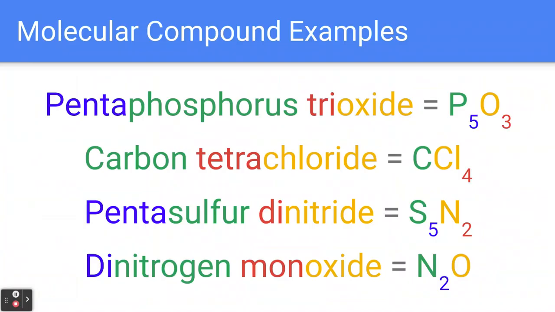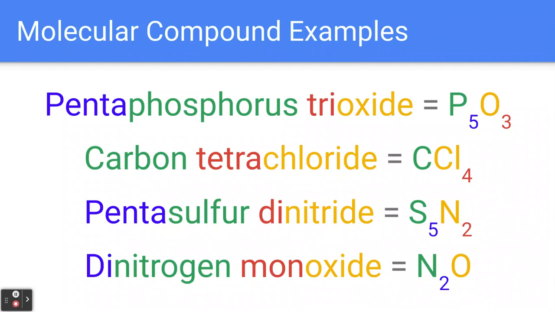So here are some different examples of names to formulas and formulas to names. So names to formulas: pentaphosphorus, that means we need 5 phosphorus, so P5. And then trioxide tells me we need 3 oxygen, so O3. The next one, carbon tetrachloride. Carbon has nothing in front of it, and because it's the first element, that tells us we need one of that.